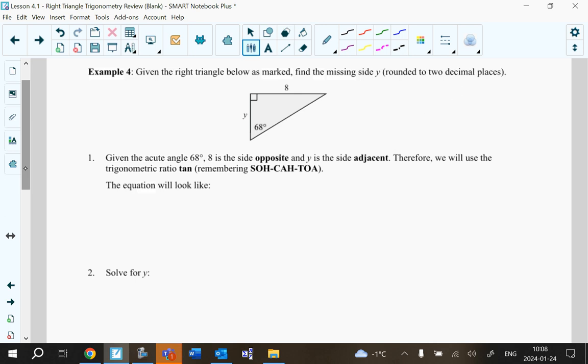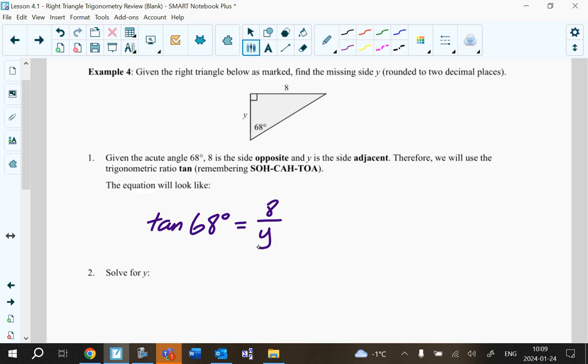Tan 68 degrees, don't forget the degree symbol. Another fraction equation. What's different about this one than the previous one? The unknown is on the bottom on this one. It was on the top on the first one. That's why we're doing it now. That's why we're reviewing it.